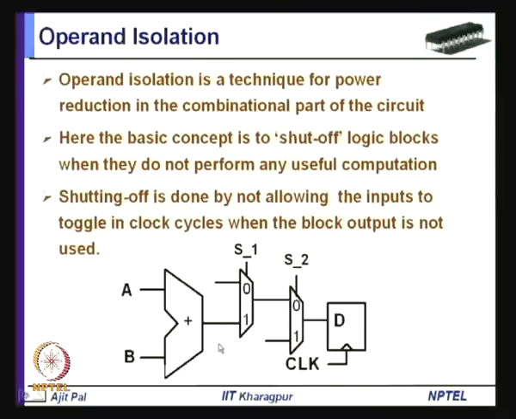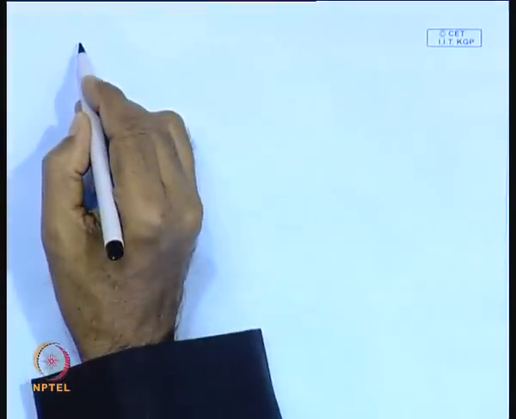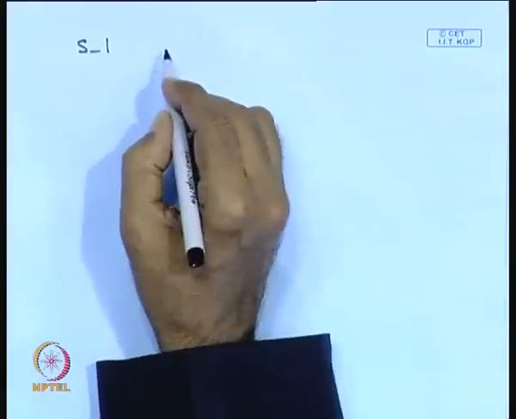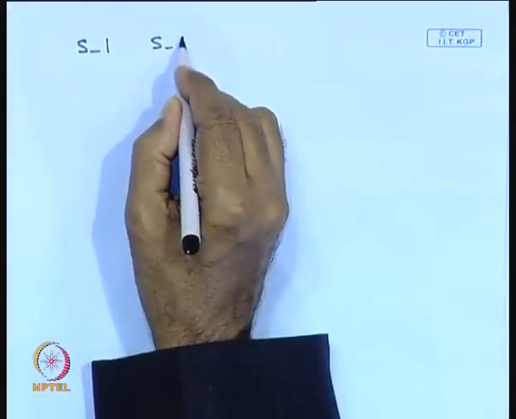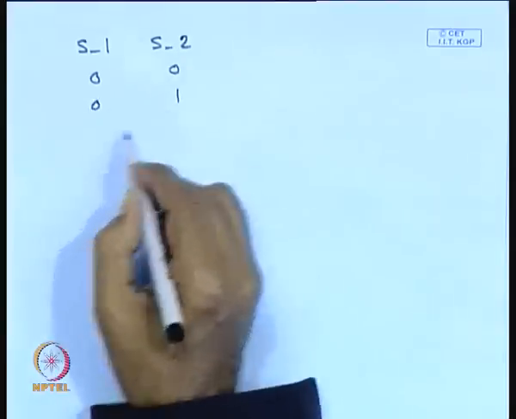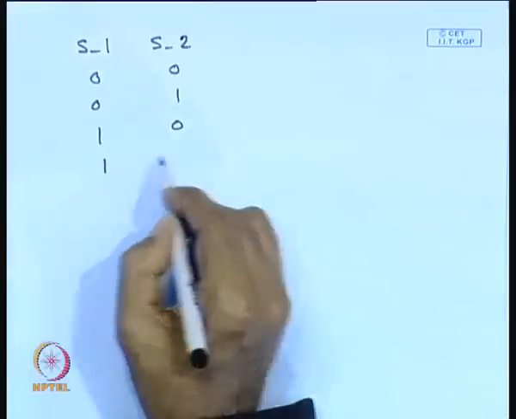That means, if we consider the four possible conditions, S1, S2 can have 4 possibilities: 0 0, 0 1, 1 0 and 1 1.